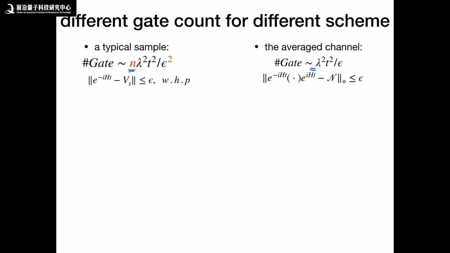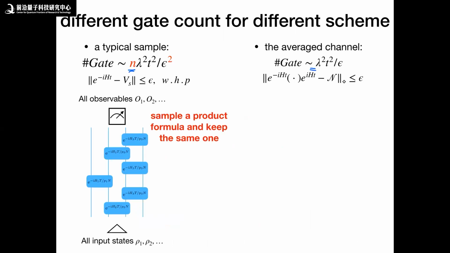The reason why we get different performances is simply because we're asking them to do different things. Operationally, on the left, this formula says that if you sample a product formula and keep using the same one, this is the performance you get.